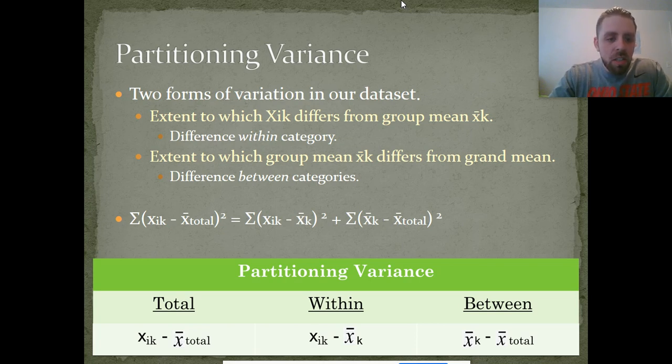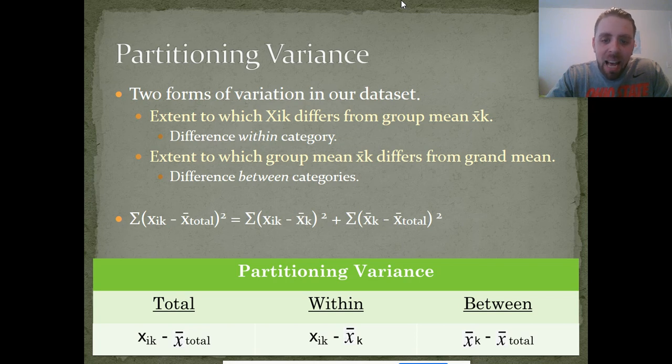In order to understand total variation, we will need to take every individual value of X, subtract its group mean from it, square it to get rid of the negatives, and then sum it to understand the total variation within the group. And that will help us understand the difference within the categories.